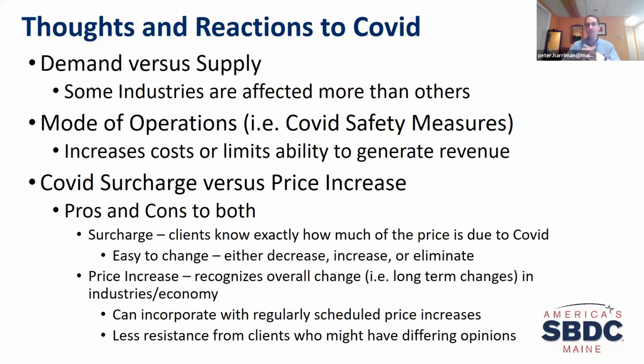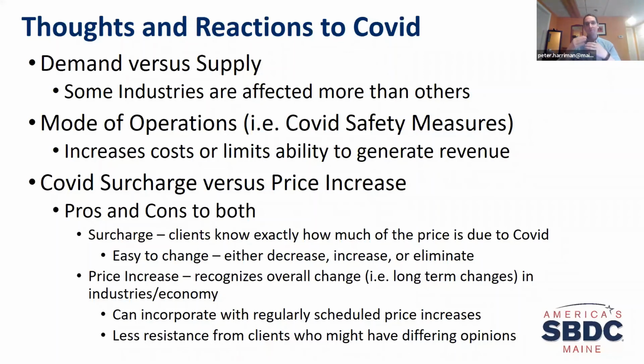With a surcharge, the clients do know exactly how much the price is increased due to COVID. It's also easy to change. It's easy to go up or go down or to eliminate altogether, right? So you're being very transparent if you were to do some kind of surcharge for COVID. I favor the price increase, right?